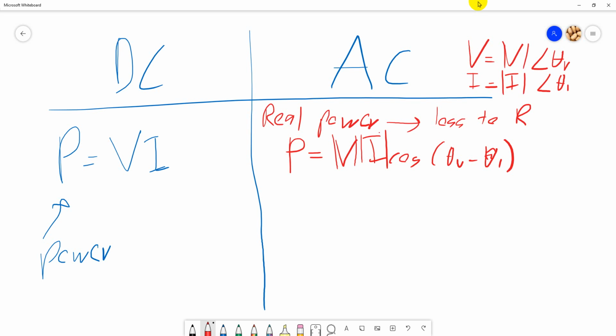The next thing you need to know is reactive power. So what is reactive power?